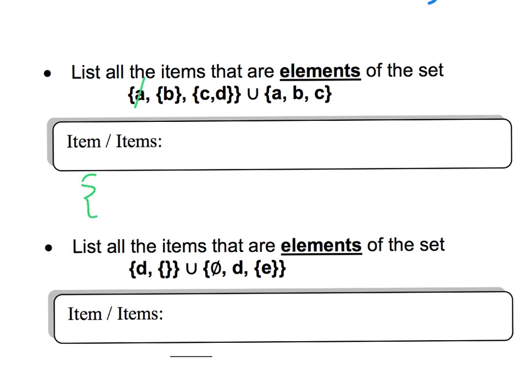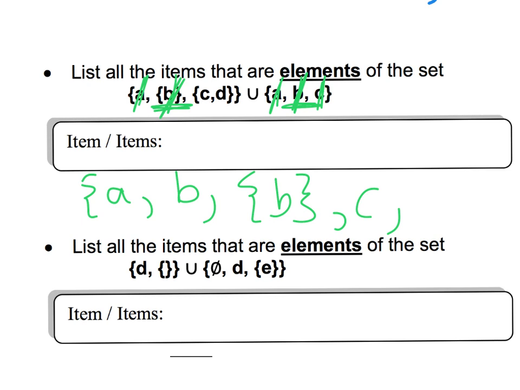So I've got an A by itself, and that's also here. I'm looking at the B's, and I have a B by itself, but I also have the set containing B. So there's a B, that's this guy, and there is the set containing B. I have a C by itself, and then I have the set containing both C and D, right?